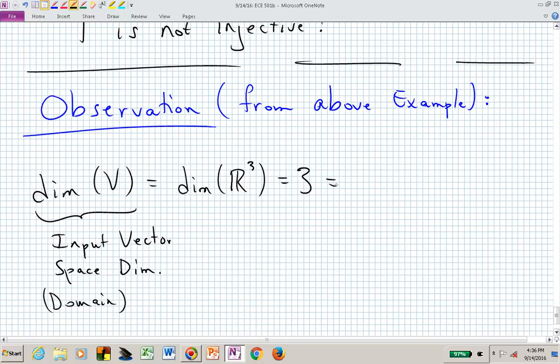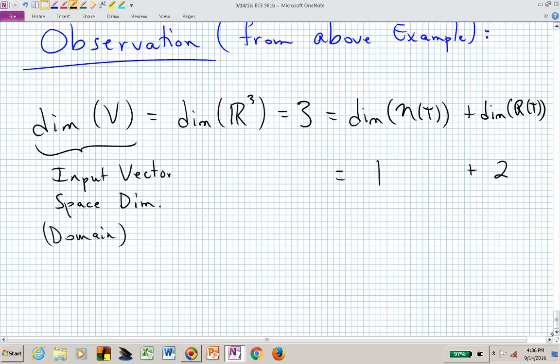But for this example above, if you remember, what was the dimension of our null space? It was 1. And what was the dimension of our range space? We had 2 columns, didn't we? So we actually now see that with that example, the dimension of our input vector space, which is 3, it was R3, is actually equal to the dimension of the null space, which was 1, plus the dimension of our range space, which was 2.